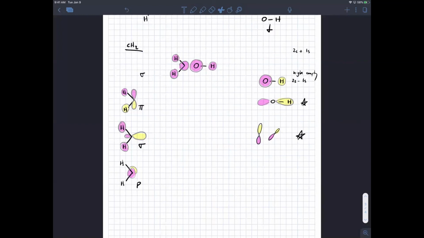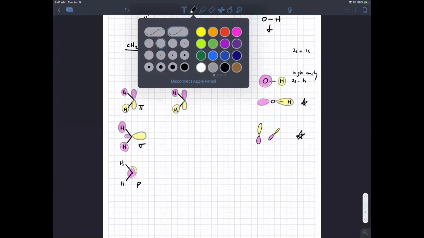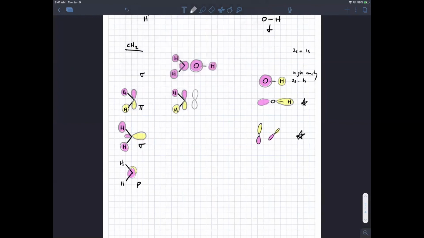Then how about this? I probably want to combine that one with the corresponding p orbital on oxygen. In phase. In this case, the hydrogen would be in the node, so there wouldn't be anything there.